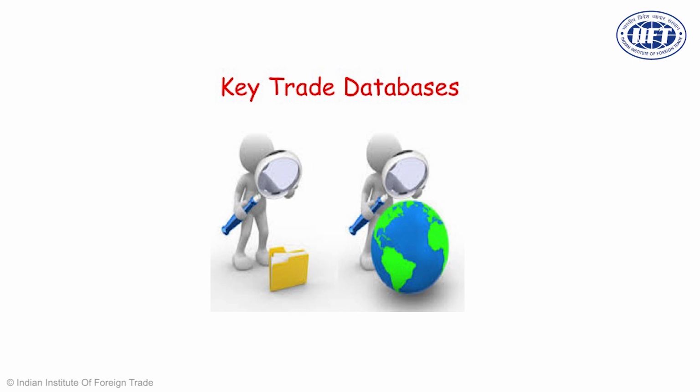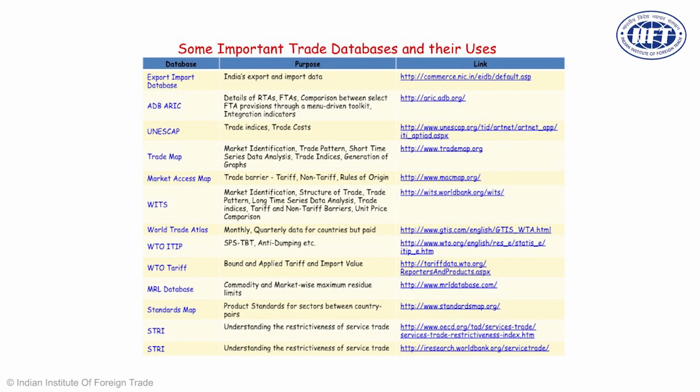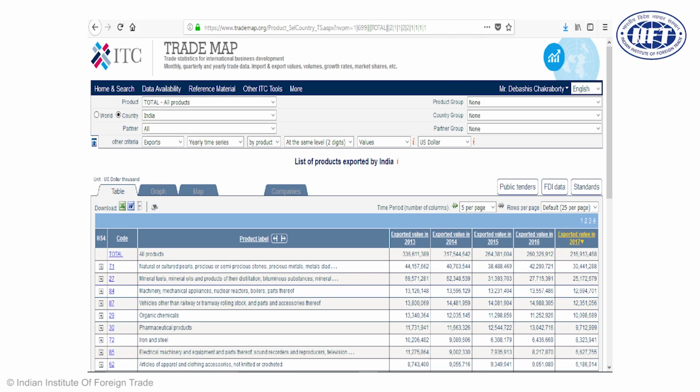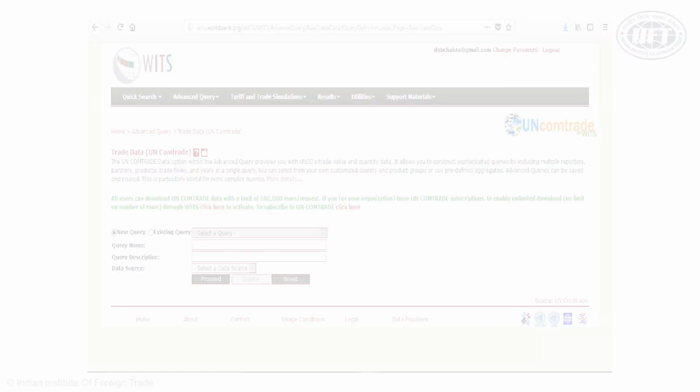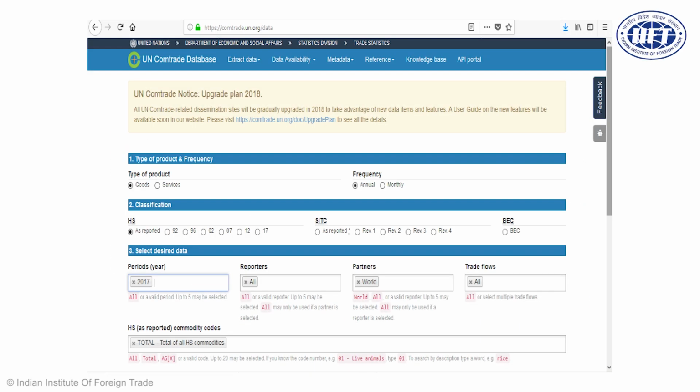Now, what are the various databases that can be accessed for understanding the international market? There are very many databases. We might get some of the databases which are maintained by multilateral bodies, that is, international players. Some of them can be TradeMap, WITS, UN Comtrade database, all of which give a very detailed idea about international business.